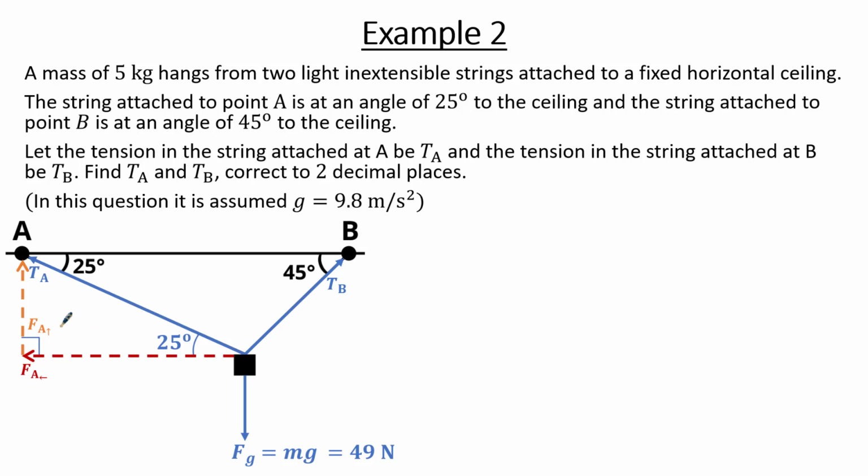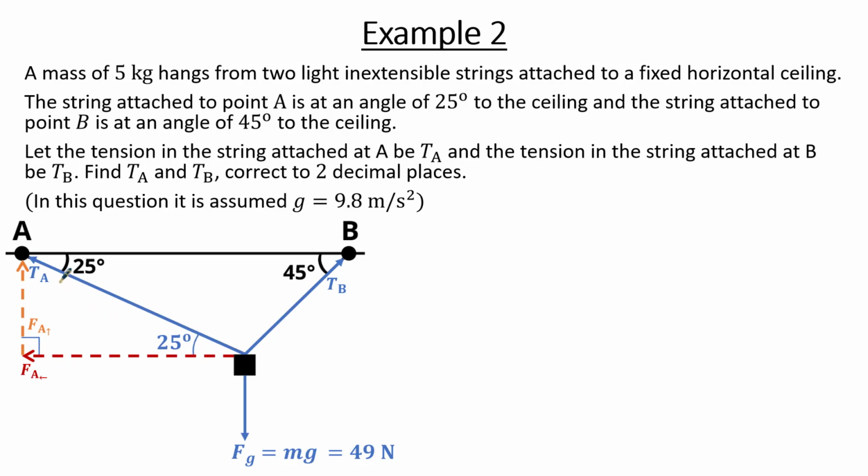we can use SOHCAHTOA again, or we can note that if a component includes the angle, then that component equals the resultant multiplied by the cosine of the angle, and if a component does not include the angle, then it equals the resultant multiplied by the sine of the angle. So if we look at this horizontal component, well, it includes the 25 degrees.